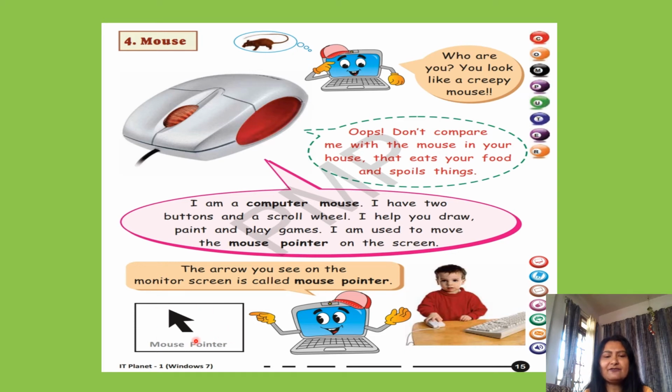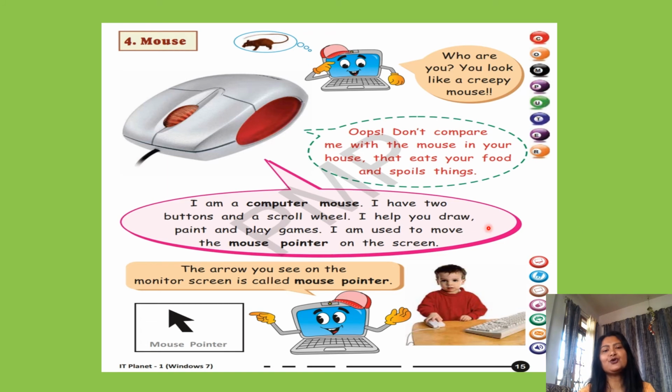Okay, whenever you open the computer, you'll see on the screen an arrow is moving, and that is called the mouse pointer. And children, a mouse helps us to move the mouse pointer. Now the one I am using is a laser pointer, okay, but this is also moving with the help of a mouse.